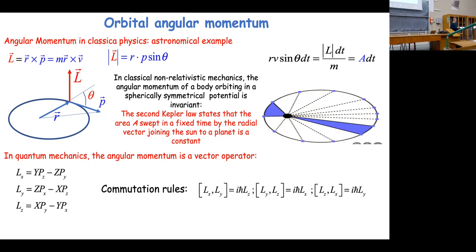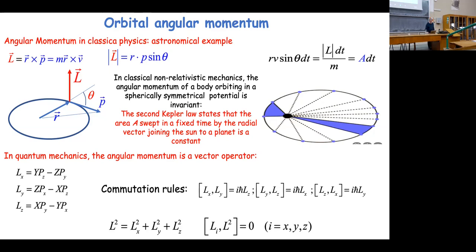So the commutator of any two components of this angular momentum is equal to i h bar times the third one, with a plus or minus sign depending upon whether the permutation between x, y, and z is even, like x, y, z, or odd, like x, z, y. So we have either plus i h bar or minus i h bar times the third component.